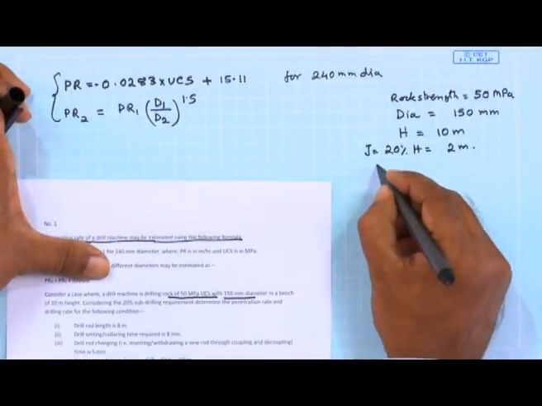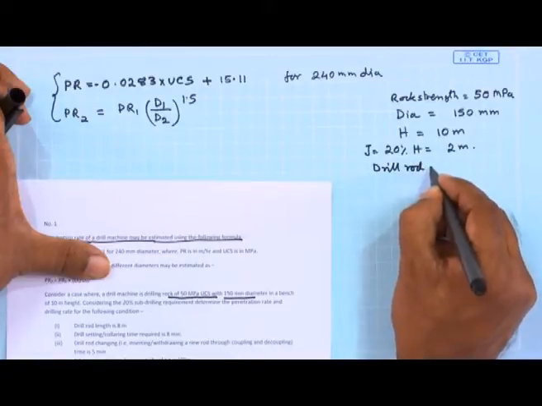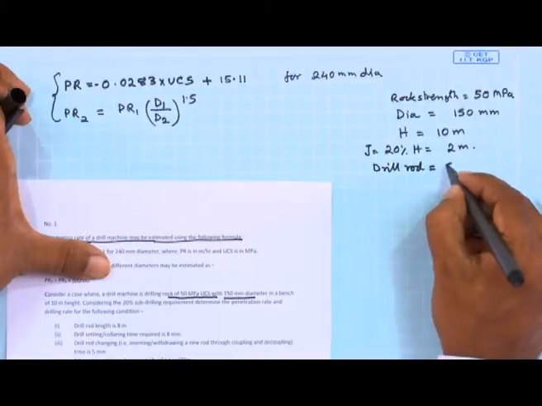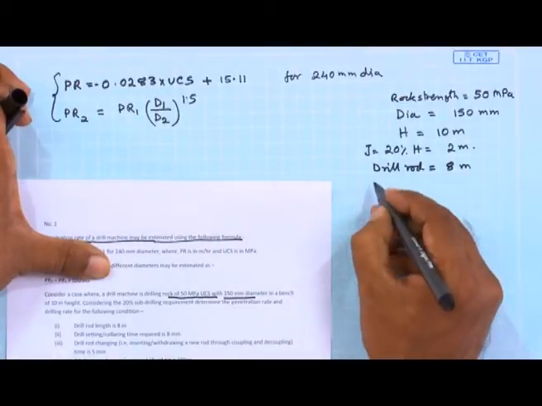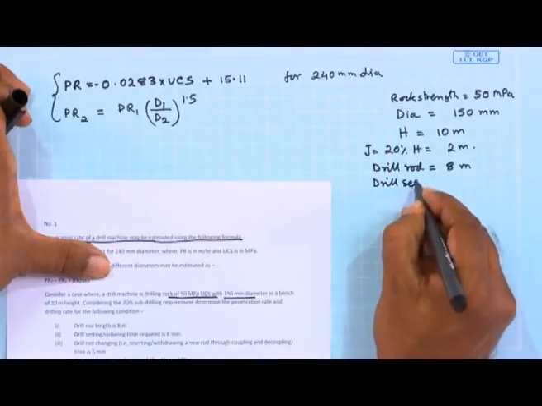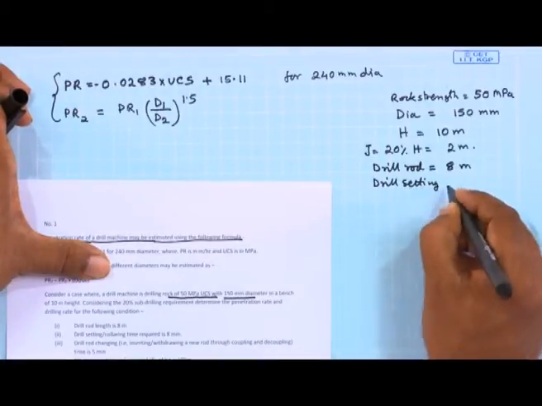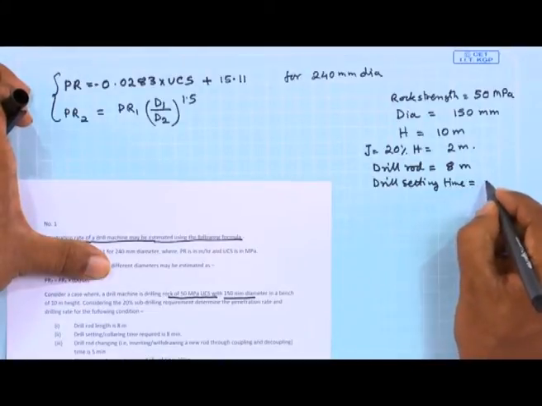The drill rod length is given 8 meter, drill setting time is given 8 minute.